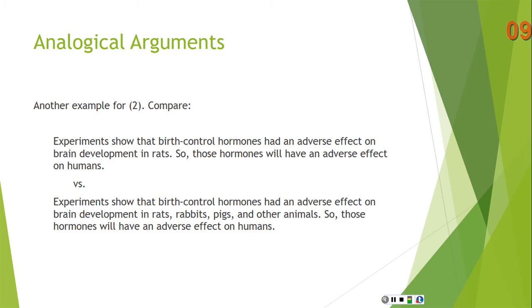But if you have a large variety of animals all experiencing this adverse effect, it decreases the chance that the adverse effect is the result of some peculiar characteristic had by, say, rats, rather than rabbits and pigs, right? So it's going to be something very general that they all have in common, and maybe it's just that they're animals, like humans, and so it increases the chance that the hormones will have an adverse effect on humans.